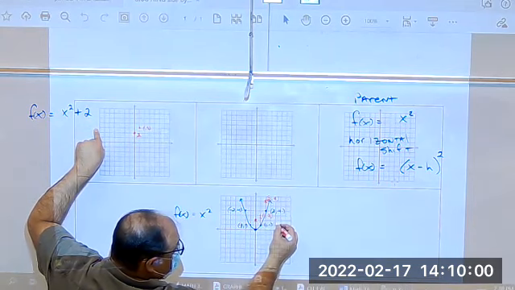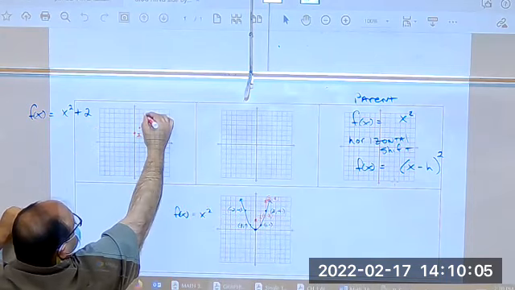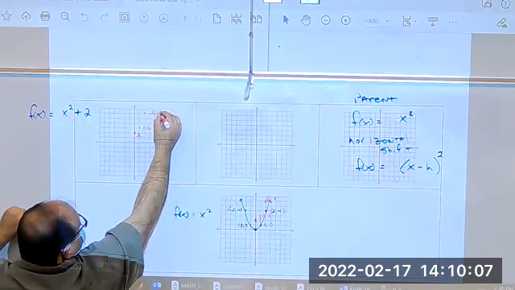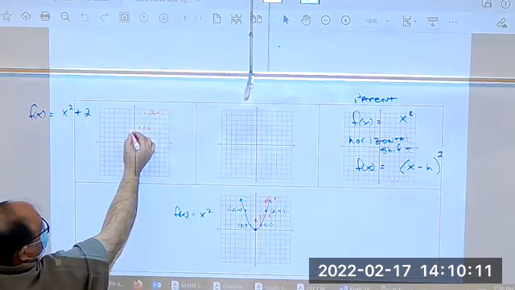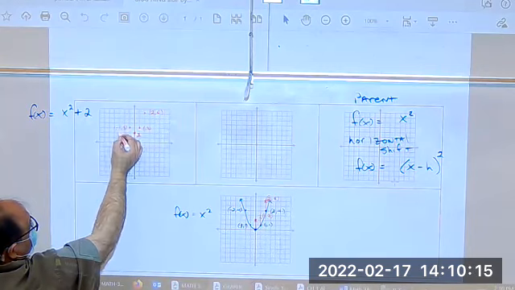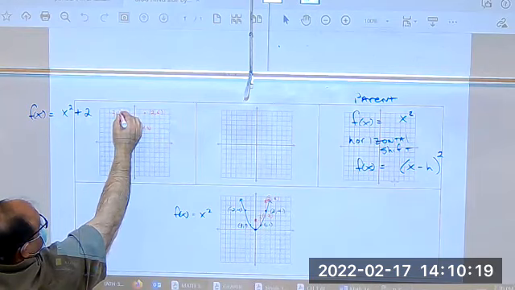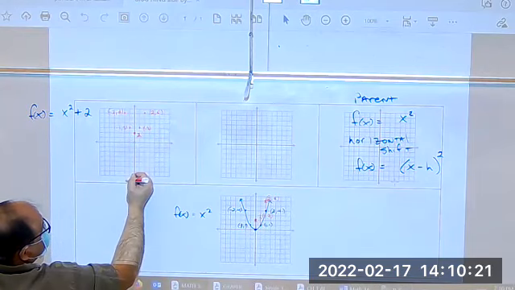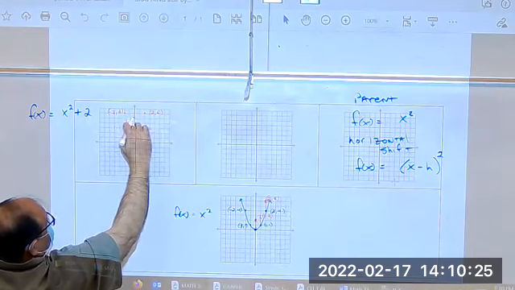All these old y values have been moved and pushed up 2 units. Symmetry over here on the other side, when I plug in -1, we would get +3. Plug in -2, we get +6.